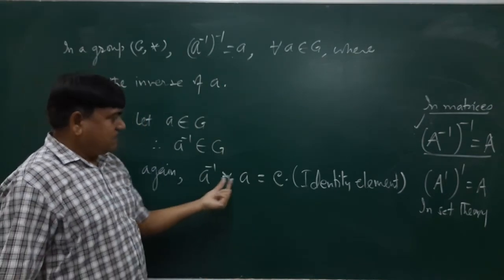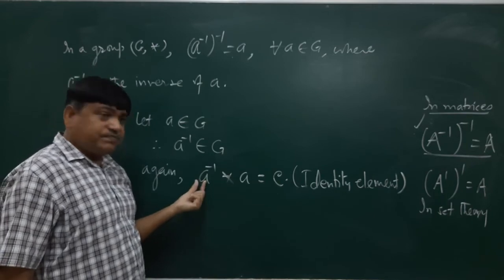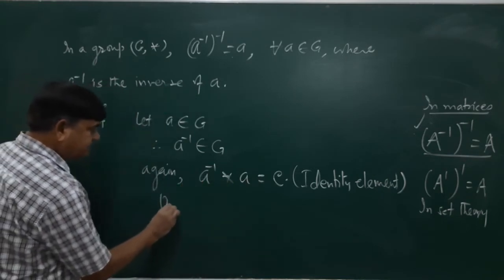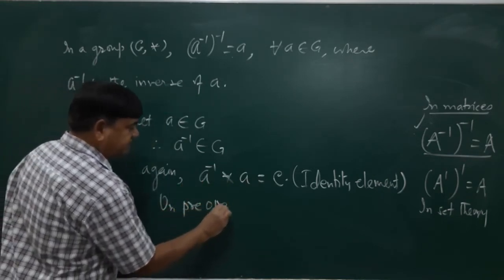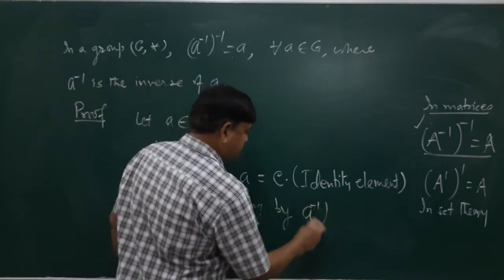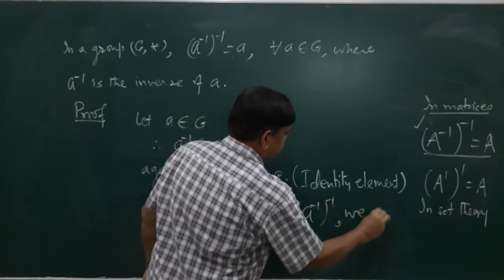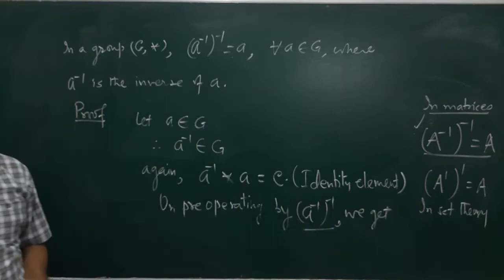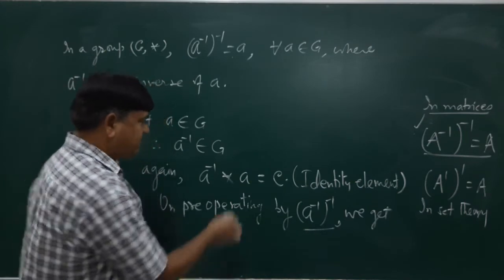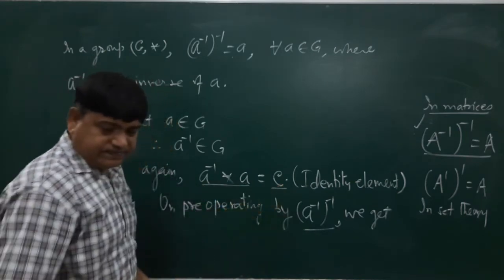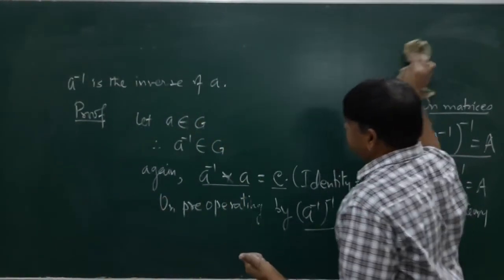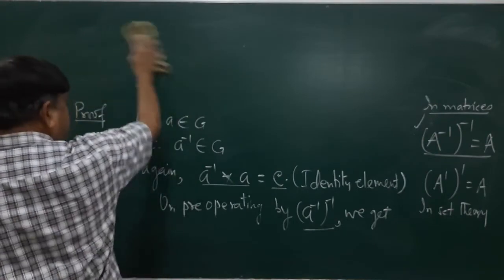So a and its inverse composed, then the identity element is obtained. So again, pre-operating both the sides by this one. So this is the left side, this is the right side. Either pre or post. See the situation, okay?